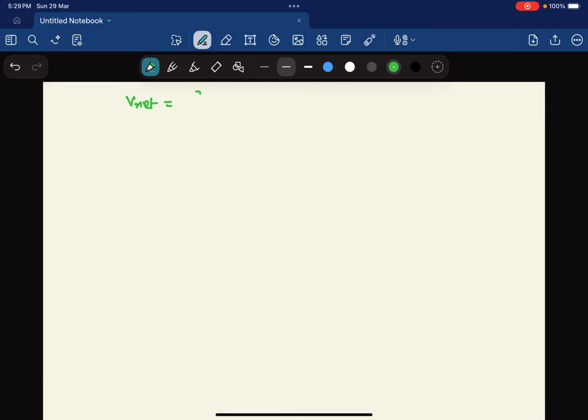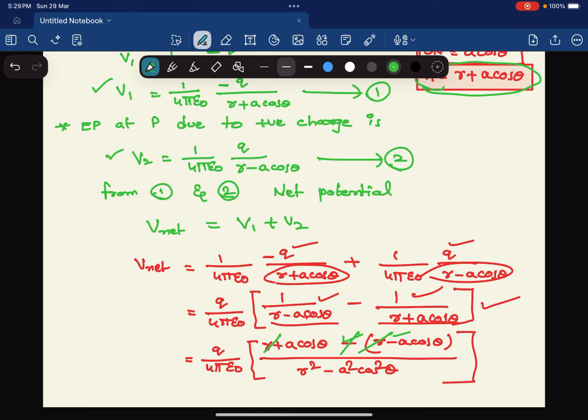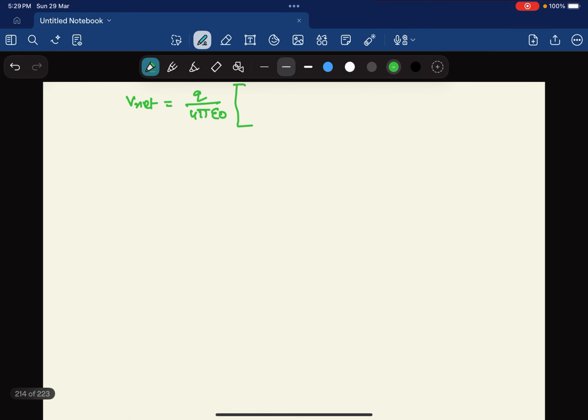Okay, so therefore V net is equal to q by 4 pi epsilon naught into a cos theta plus a cos theta. So we can write it as 2a cos theta by R square minus a square cos square theta. Okay, so we know that electric dipole moment P is equal to q into 2l.